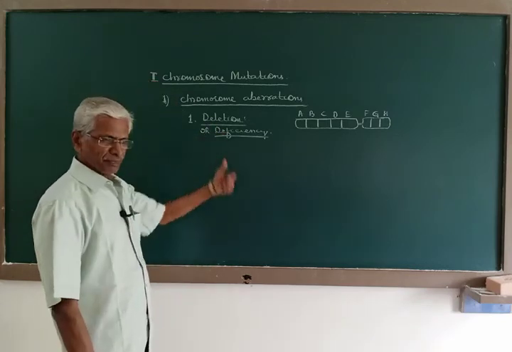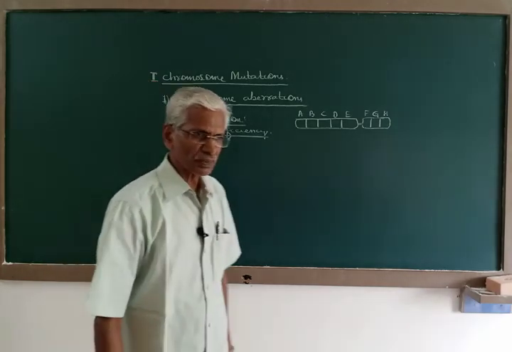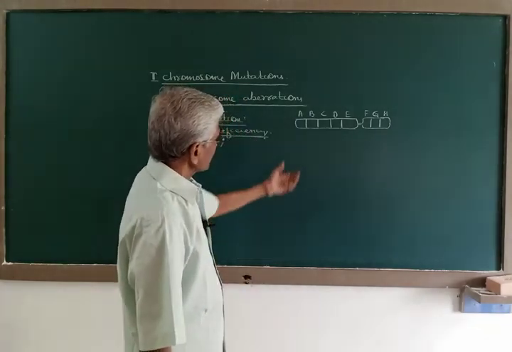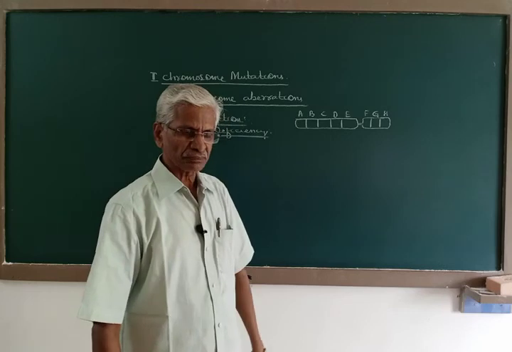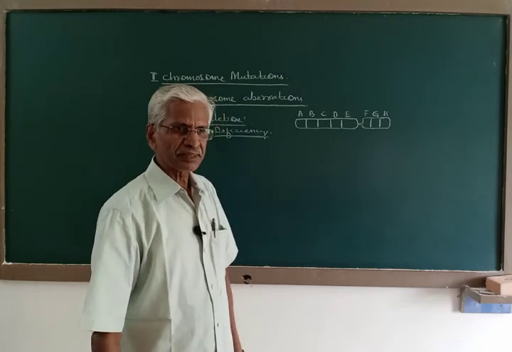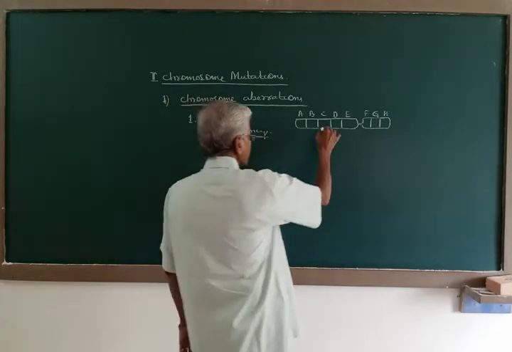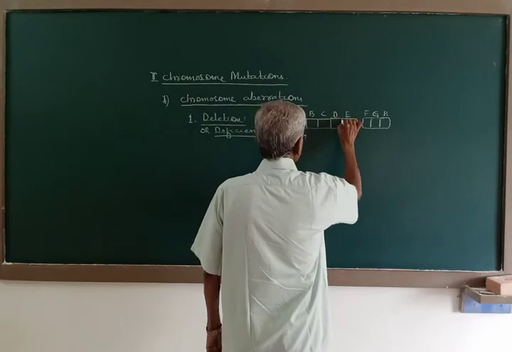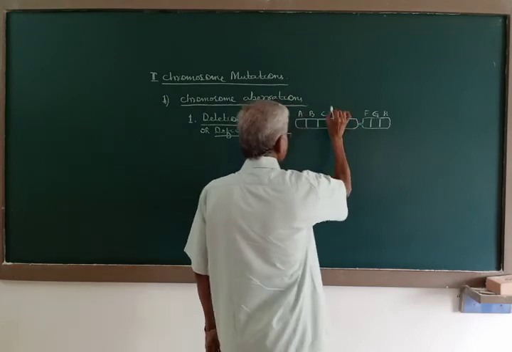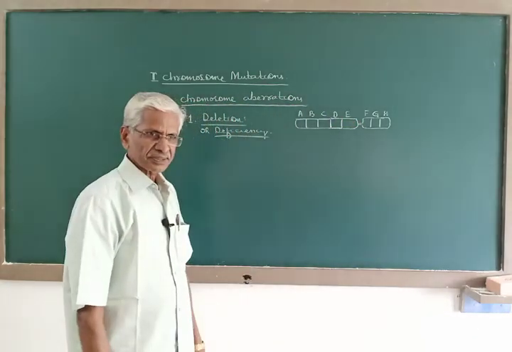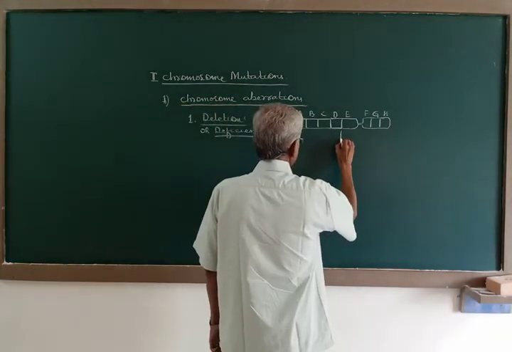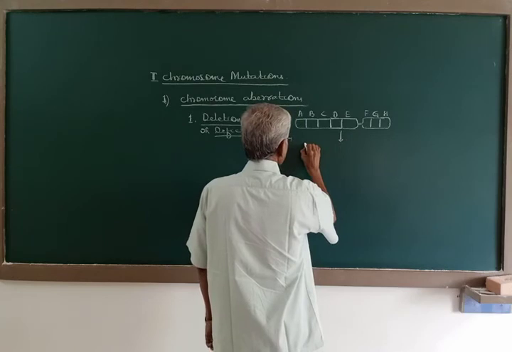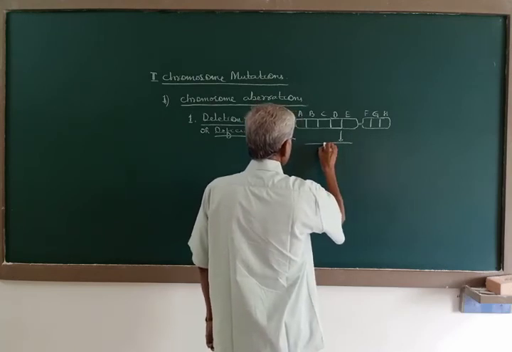Now, in this type of chromosome aberration, a segment of the chromosome separates and is lost. Say here, this segment of the chromosome separates and it gets lost.